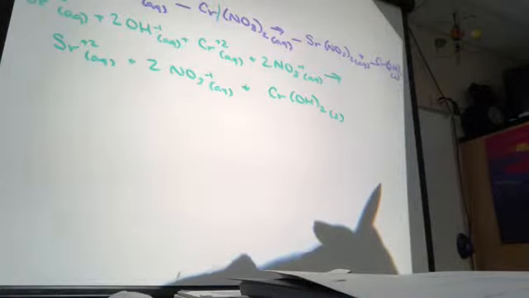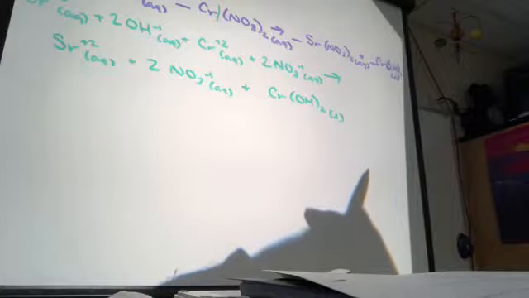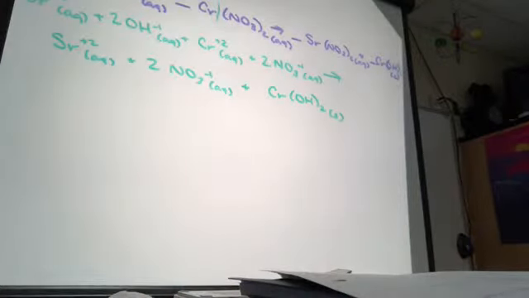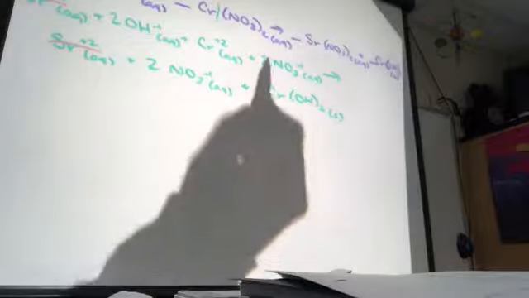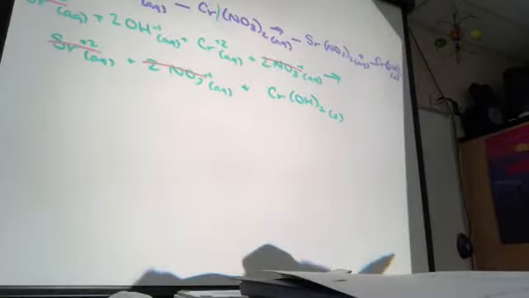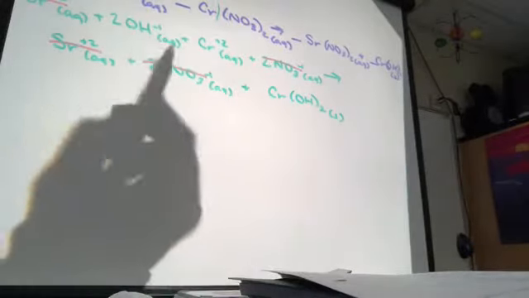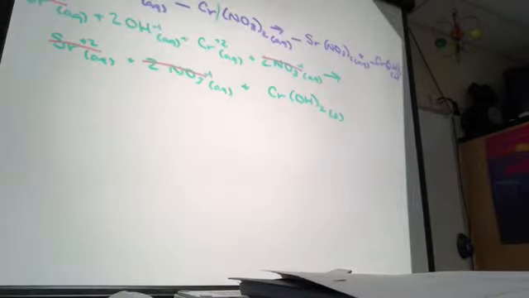I cannot break it up. Does that make sense? Yes or no? It does? Good. What are my spectator ions? So strontium. What else? Nitrates. Anything else? So whatever's left is my reaction.